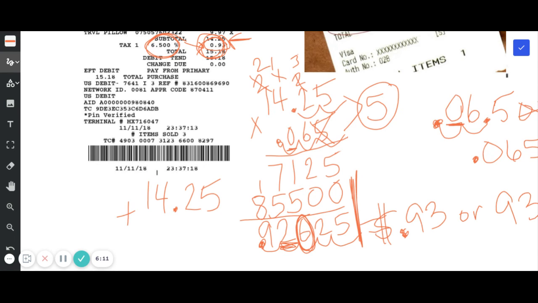Remember, whenever you're adding or subtracting decimals, you have to line them up. I can just bring my decimal straight down. 5 and 3 is 8. 2 and 9 is 11. Carry my 1. 1 and 4 is 5. And then 1 and nothing is 1. So my total is 15.18.